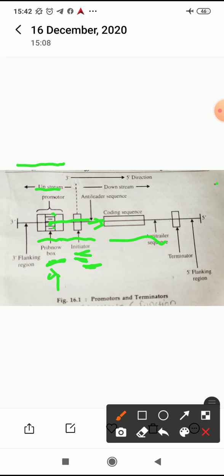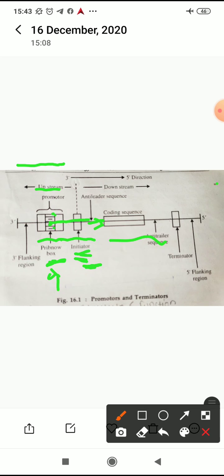The initiator signals the starting of transcription of the coding region for mRNA synthesis. Thus, the initiator directs the coding region whether or not it is to be repressed by repressor protein to transcribe mRNA.